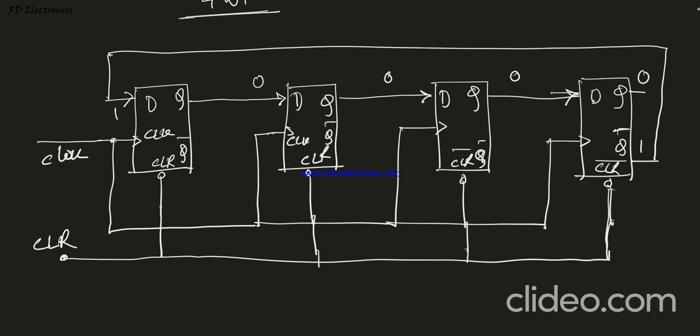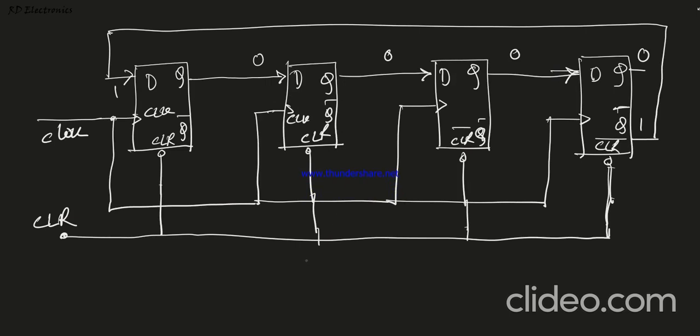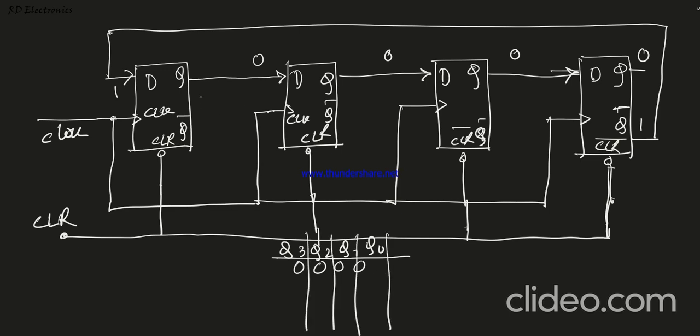Now if we apply the clock signal, initially, let us make a table. These are the four outputs of the Johnson counter: Q0, Q1, Q2, and Q3.